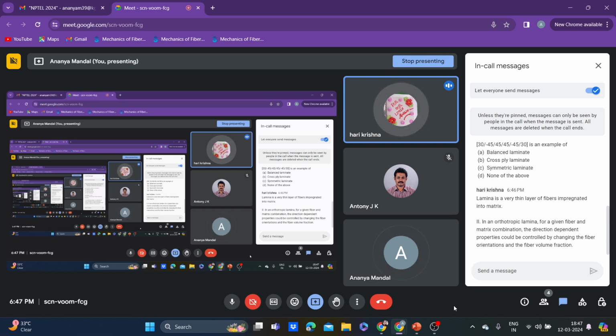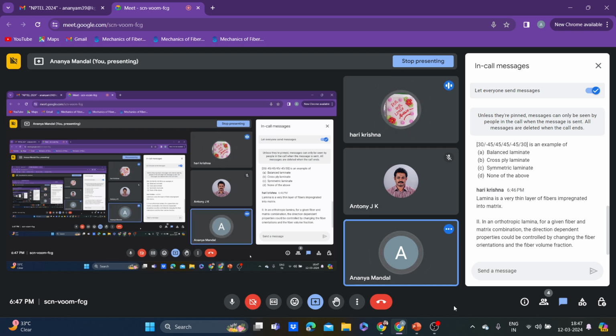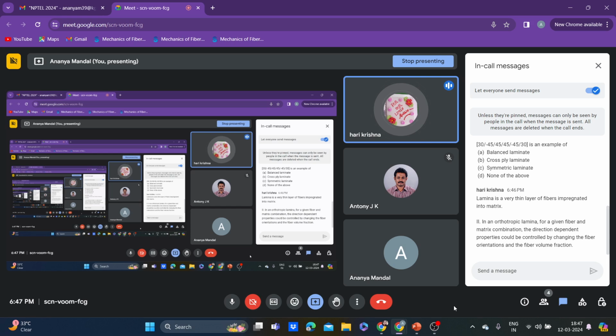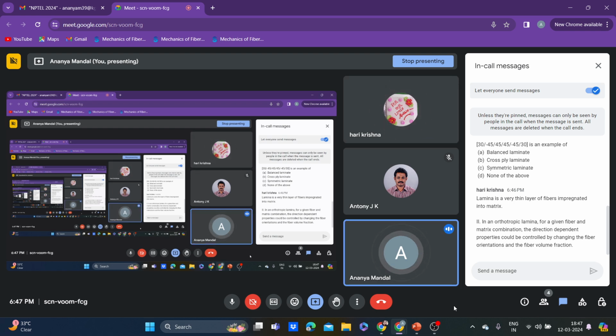It will change the fiber orientation, yes, that is correct. But what about the fiber volume fraction, ma'am? Fiber volume fraction talks about the whole lamina, the whole properties of the lamina.